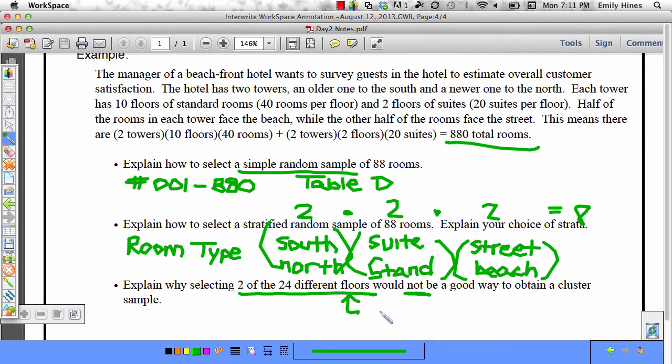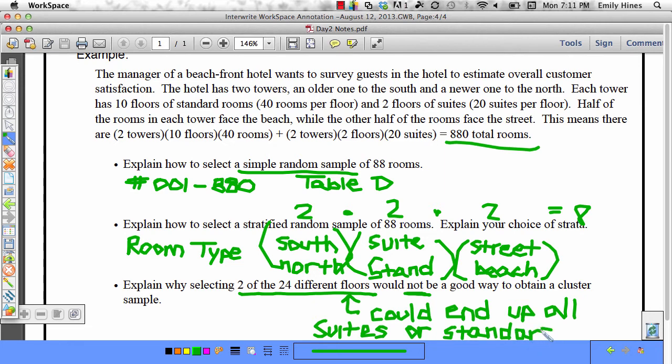So I could end up with all suites or all standard rooms, which means I would be underrepresenting part of my population, and that is always a bad thing. So I would not want to use a cluster sample in this case, because no matter how I clustered them, tower, floor, etc., I could always end up with all of one type or the other.